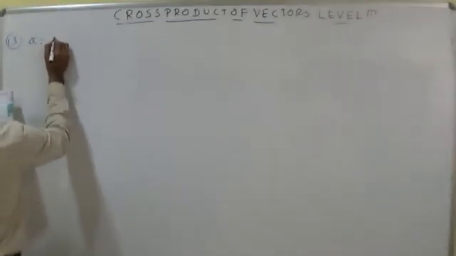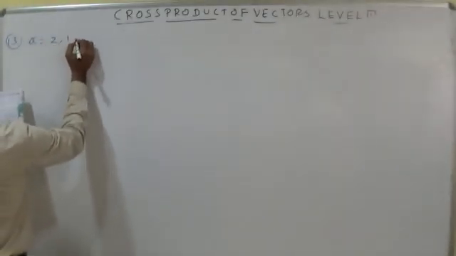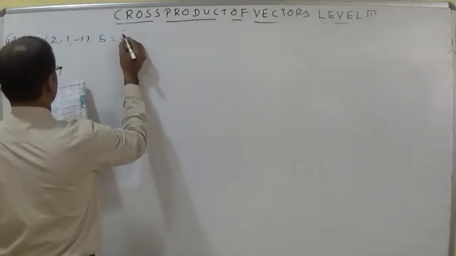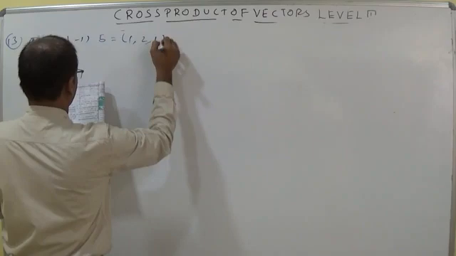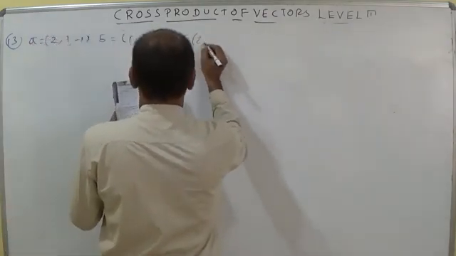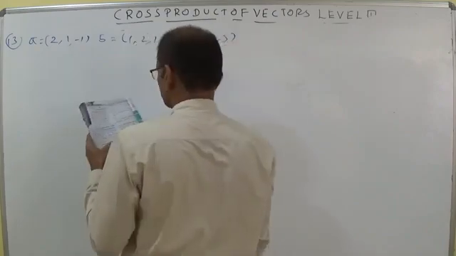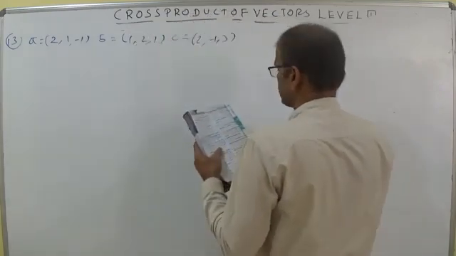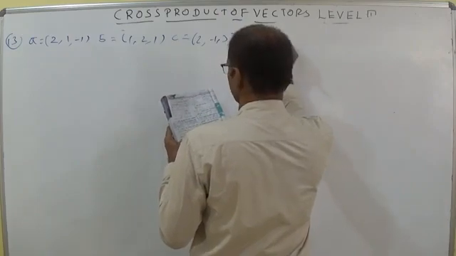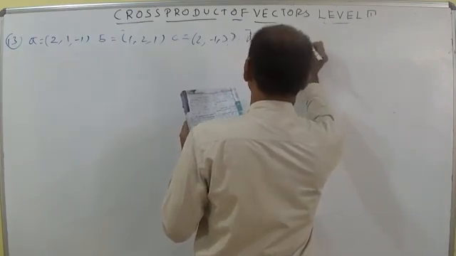13th one. A bar is equal to 2 comma 1 comma minus 1. B bar is equal to 1 comma 2 comma 1. C bar is equal to 2 comma minus 1 comma 3. D bar is equal to 3 comma minus 1 comma 2.